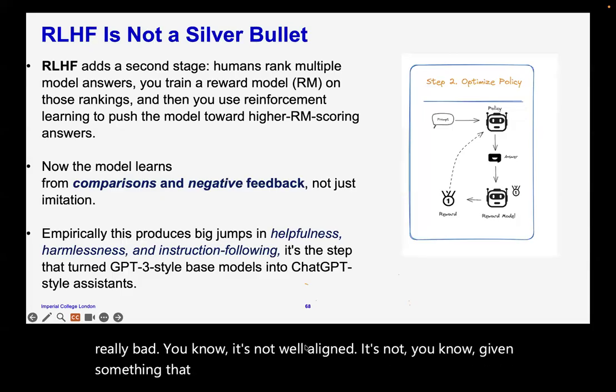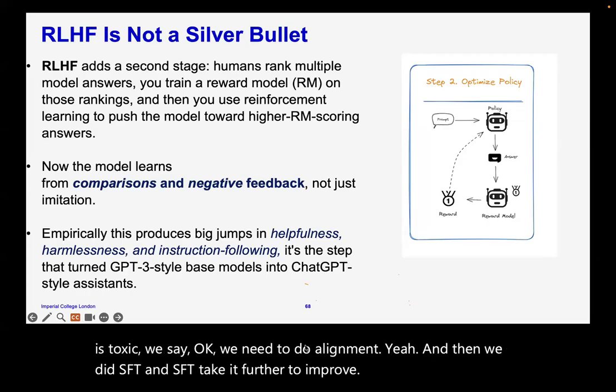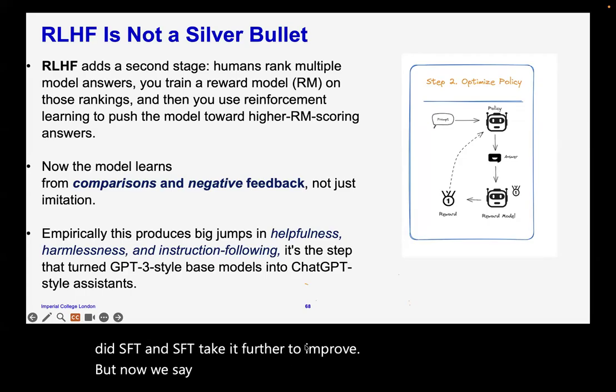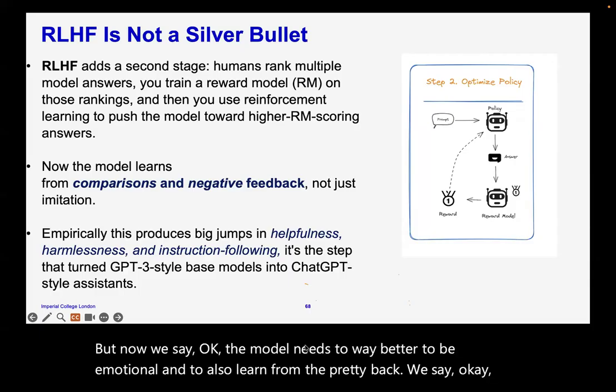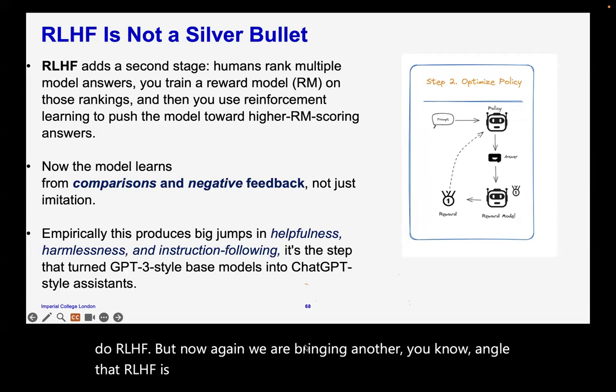We say, okay, we need to do alignment. Then we did SFT, and SFT took it further to improve the model. But now we say the model needs to be much better at being emotional and also learning from feedback. We say, okay, we do RLHF. But now again, we are bringing another angle: RLHF is not the best one.